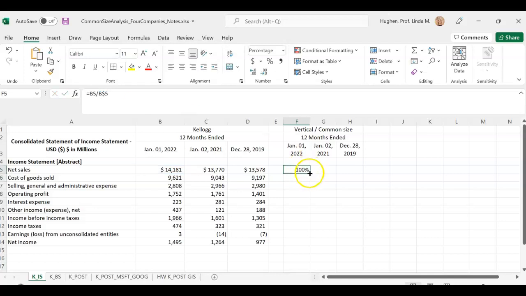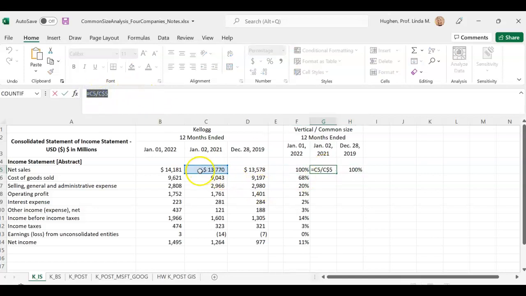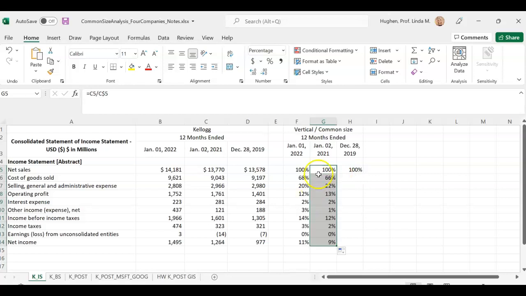Then I drag this down, so it's going to take each item here as a percentage of cell B5, and I can drag my formula over, and now I'm taking C5 locked in as the denominator. And so when I drag this down, I'll have each income statement item as a percentage of sales, and I can do that for all 3 years.